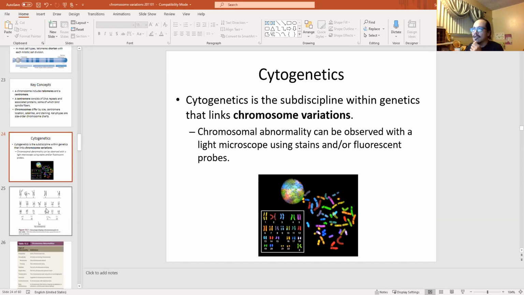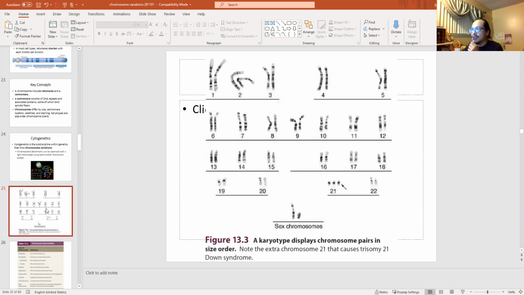By looking into the karyotype, we are able to identify a lot, so we can sort these chromosomes. For example, here is a typical one where you can see 23 pairs of chromosomes that we are supposed to see. But with something like this one, you can easily identify that something is not right.